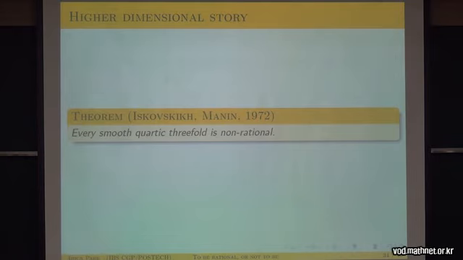What they do is prove that if a smooth quartic threefold is rational, then it must have bad singularities, which is the maximal singularity. And then they find some contradiction. That's the way they prove the statement. It's very effective in this area.